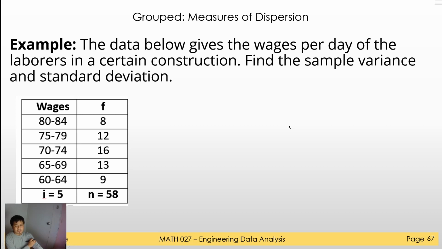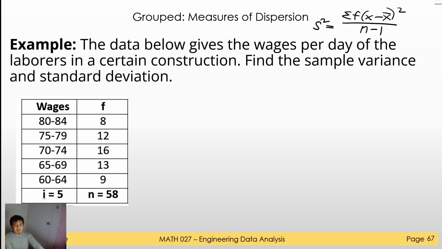Now, what is important to solve here is that if we want to find the sample standard deviation, or actually the sample variance, this is equal to the summation of f times (x minus x bar) squared all over n minus 1.